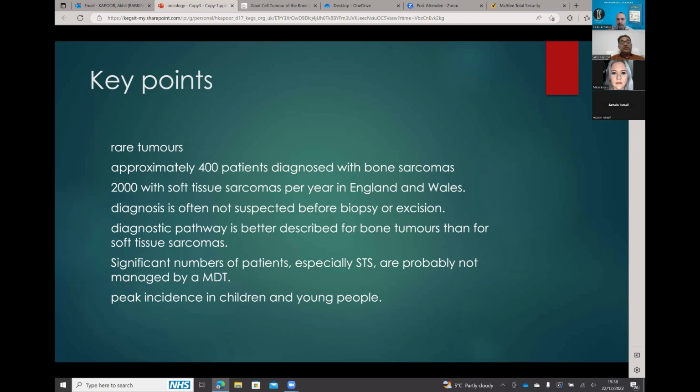Diagnosis, as we said, is often not suspected before biopsy or excision. Diagnostic pathways are better described for bone tumors than for soft tissue sarcomas, and hence soft tissue sarcomas often can slip under the net. There are a significant number of patients, especially with soft tissue sarcomas, who are probably not managed by an MDT. And just to recap, peak incidence of bone cancers often happens in children and young adolescents.